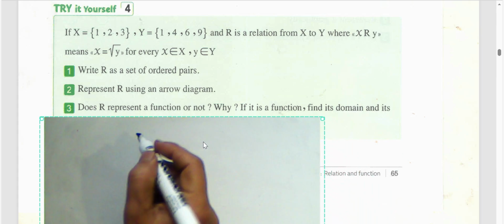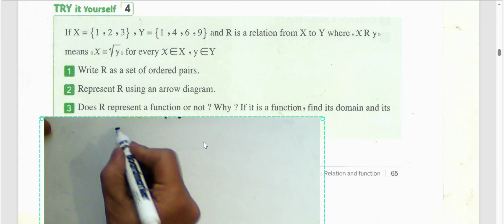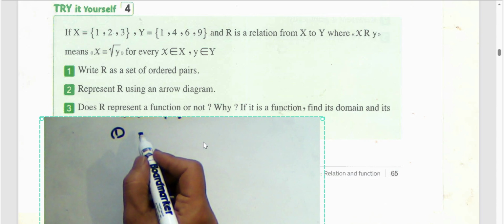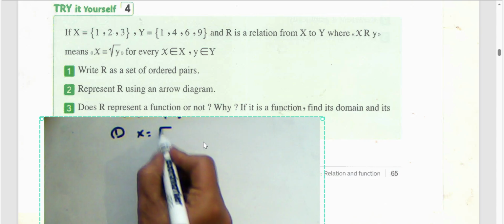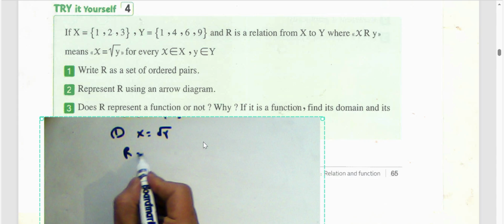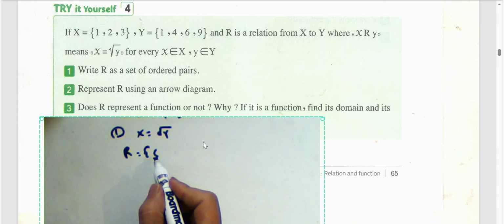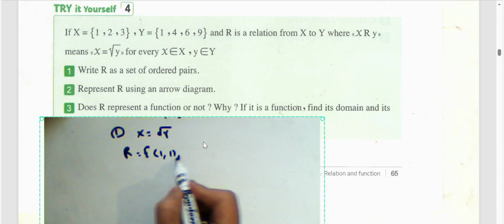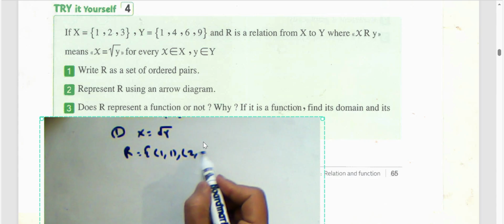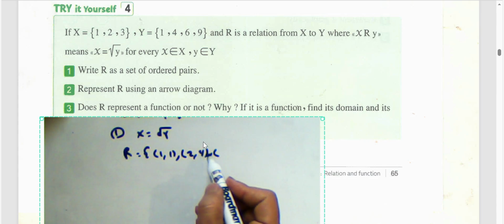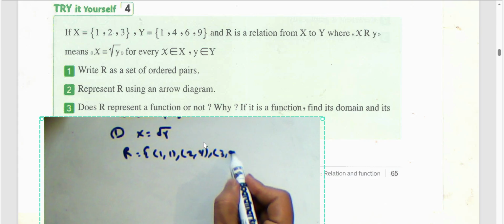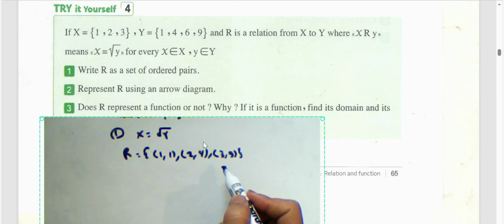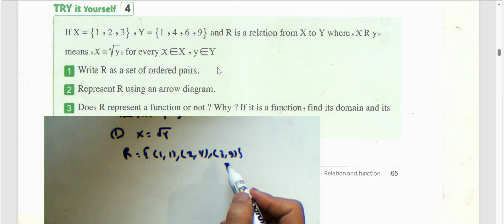Number 1. We want to find the relation. Given X equals the square root of Y, we want to find the relation between two sets. First, 1 equals the square root of 1, and 2 is the square root of 4, and 3 the square root of 9. Okay, this is the relation.